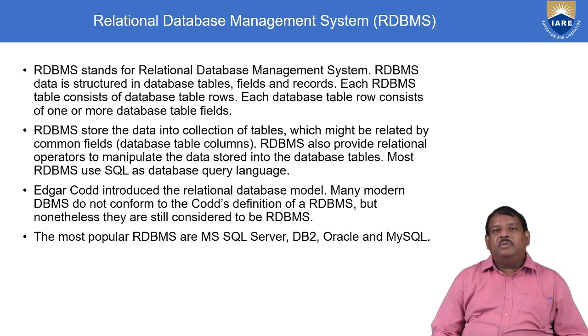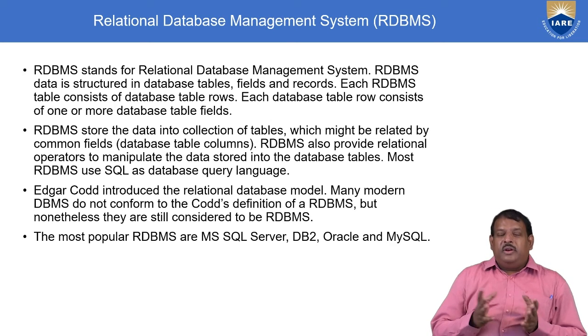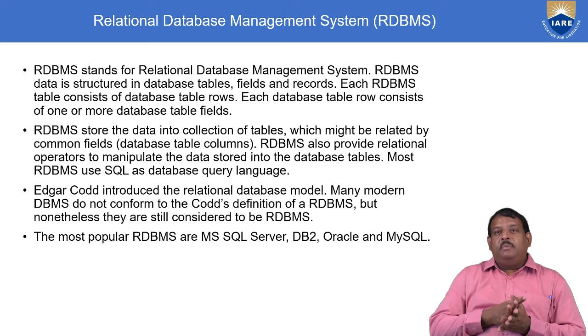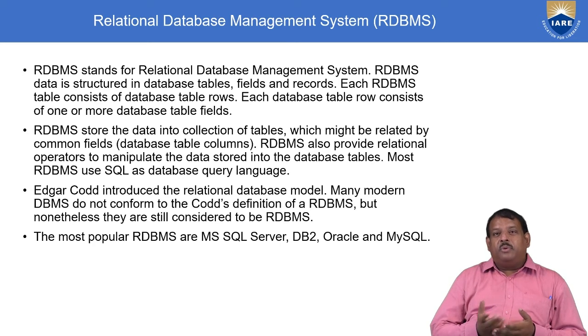RDBMS means that your tables will all be in relations. A table will have fields and records. Each table will have some rows if there is any data, and each row will be a unique record.